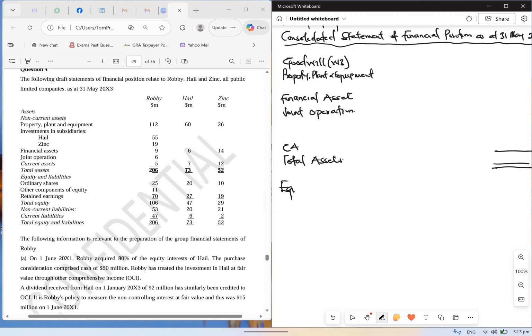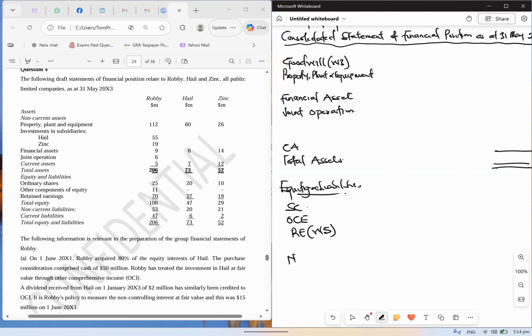Equity and liabilities. You have your stated capital. You will read the question: if there is no share-for-share exchange, that's the first one you are supposed to do. You also have OCE. You have retained earnings, which will come via workings number 5.